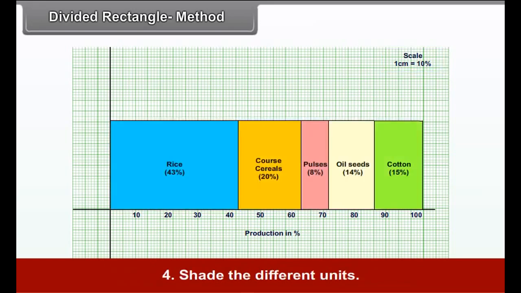Pulses, 18.24, 8%. Oil seeds, 32.48, 14%. Cotton, 33, 15%. Total, 223.38, that is 100%.